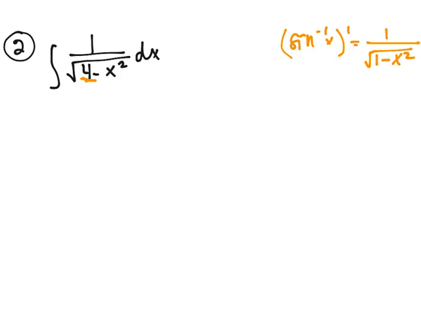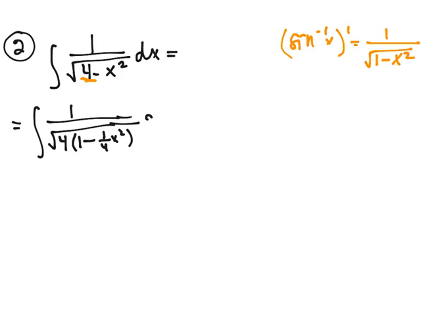What you can do, and that's the only thing I think you should do in this case, just factor it out. See this 4? Just pull it out. You don't want it. So let's see what we have. After you factor out the 4, you get 1 minus, and obviously x squared over 4, but I'm just going to put 1/4 x squared, and you'll see why I did that.